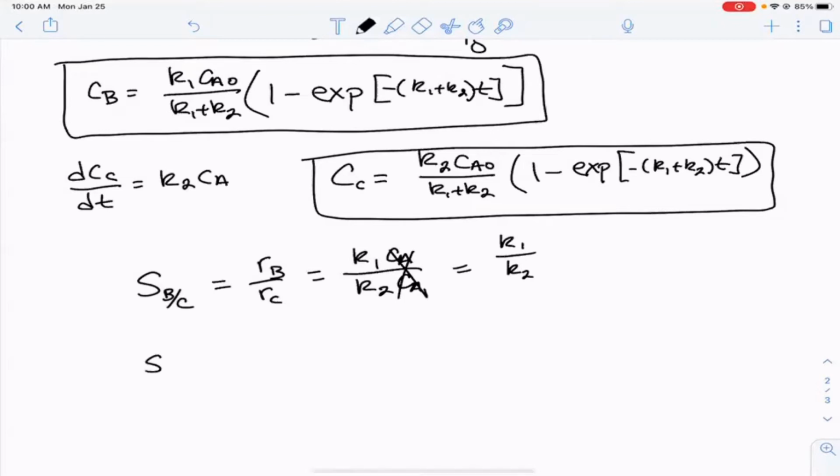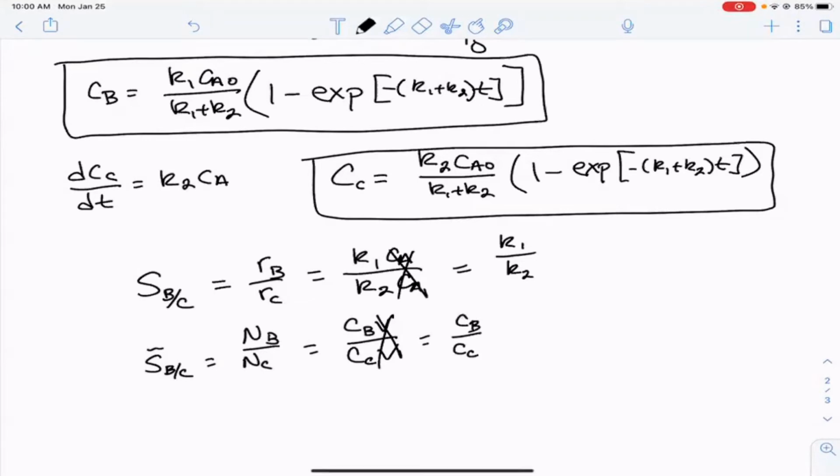And we can do the same thing for the overall selectivity, right? So the overall selectivity of B and C was just NB over NC, which is of course just the concentration of B times the volume over the concentration of C times the volume. And if those cancel, you get CB over CC. And we have expressions for this above, and they're huge.